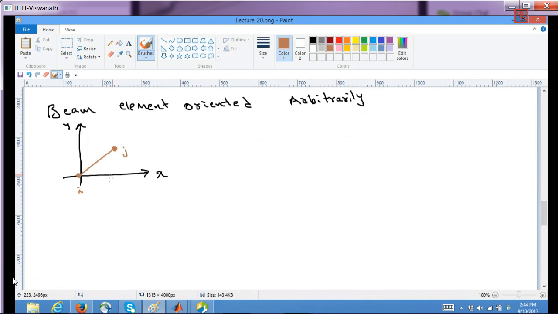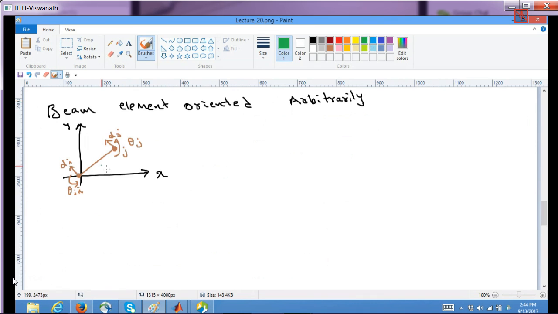Then your degrees of freedom along this direction would be, locally, since it's a beam, vi, vj, theta i and theta j. But we want them in the global coordinate system.